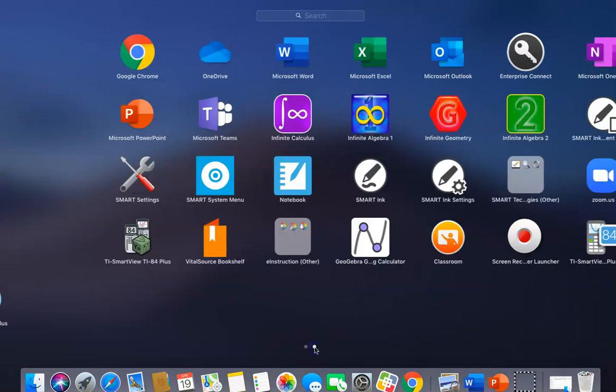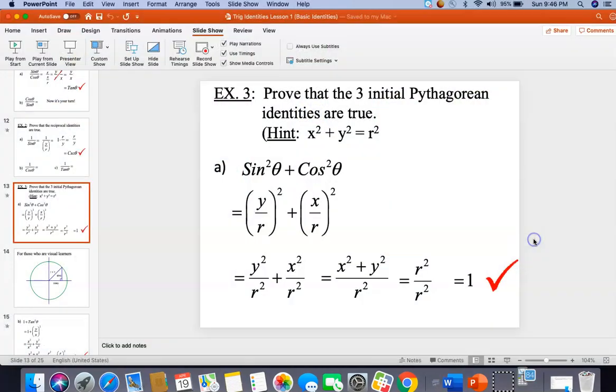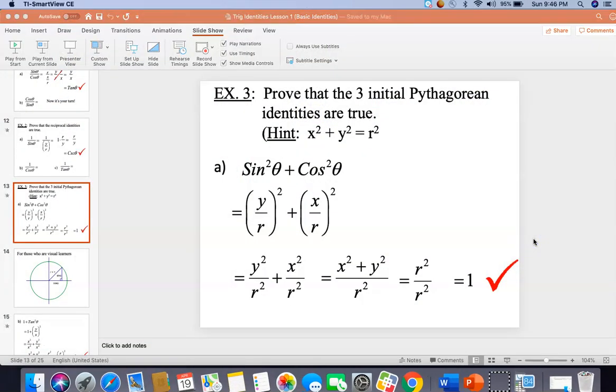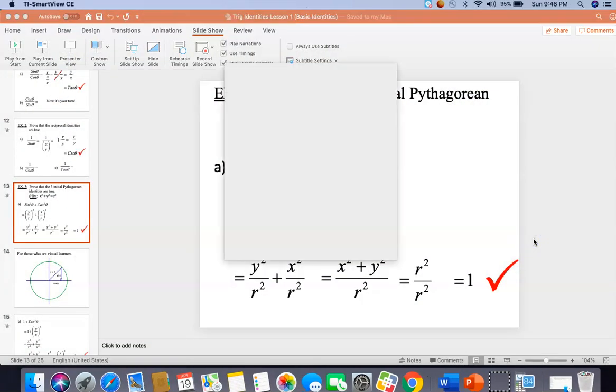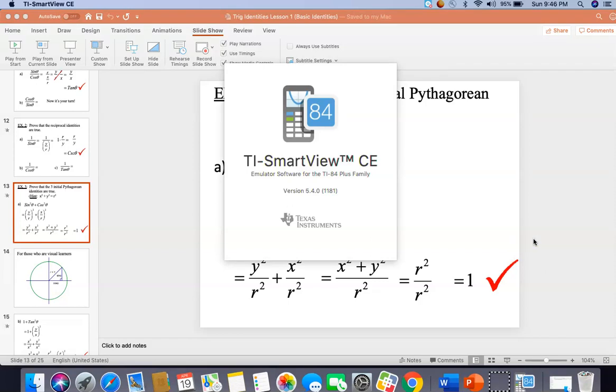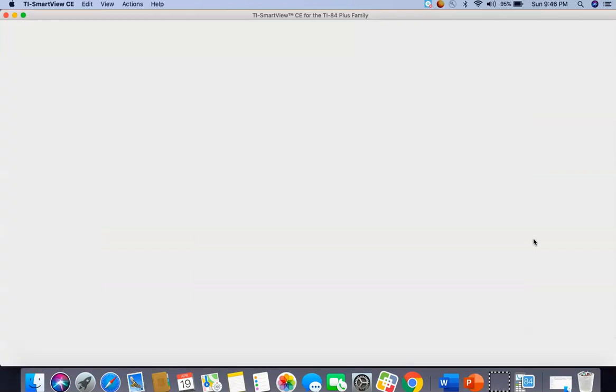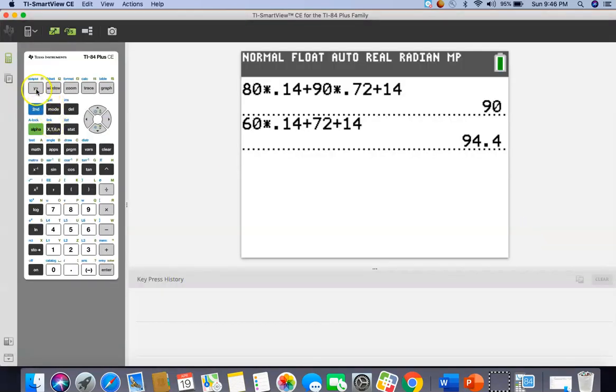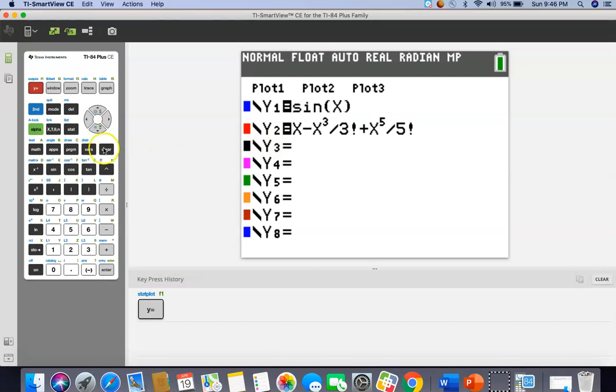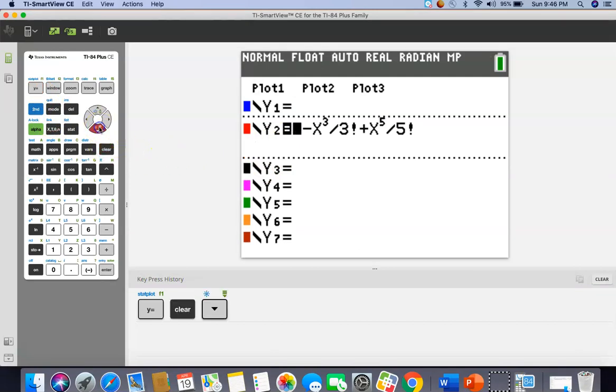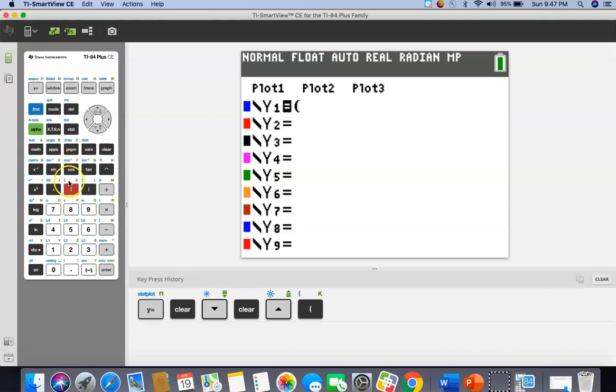You can do this on an Nspire if you want. I'm just going to do it on the 84. It'll be a little quicker to manipulate once it loads. And I'm going to go in and type in sine of x, or sine of theta, as you will, and I'm going to square it.